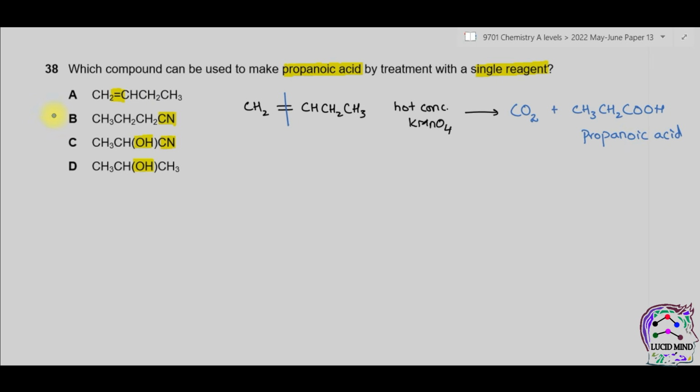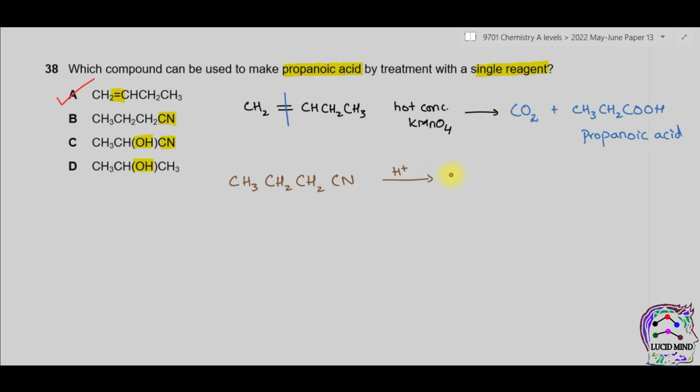So part 1 is true. Now part B, it says CH3CH2CH2CN. We have cyanide. If we do acid hydrolysis of cyanide, what happens is it breaks the carbon-nitrogen bond and converts the carbon atoms into carboxylic acid.